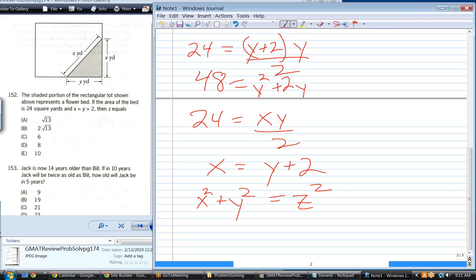Well, y can't be negative, so I'm going to say x equals 8, y equals 6. So 64 plus 36, 100, z equals 10. Okay.